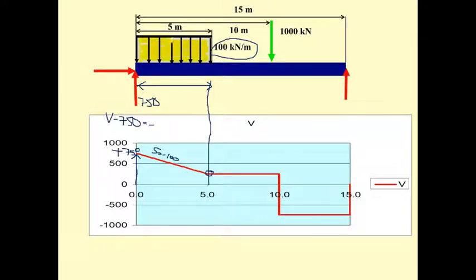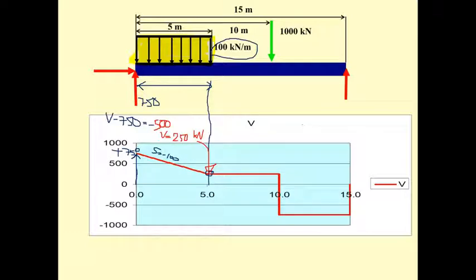The area here is 5 times 100, which is 500. So the V is going to be 250 kilonewton. This is the value of shear here.